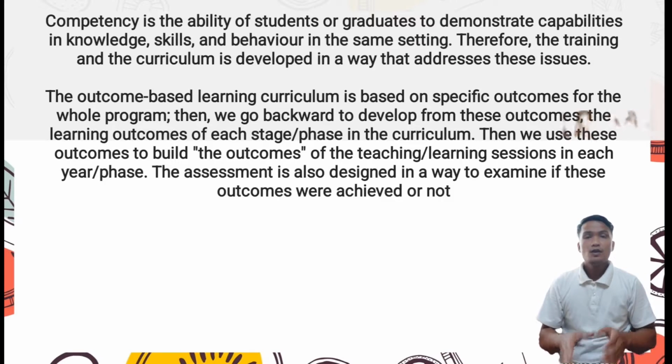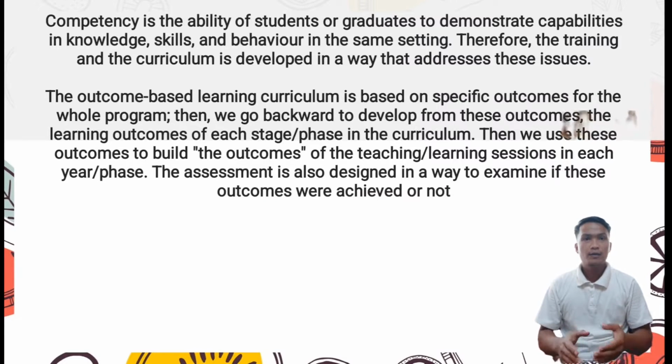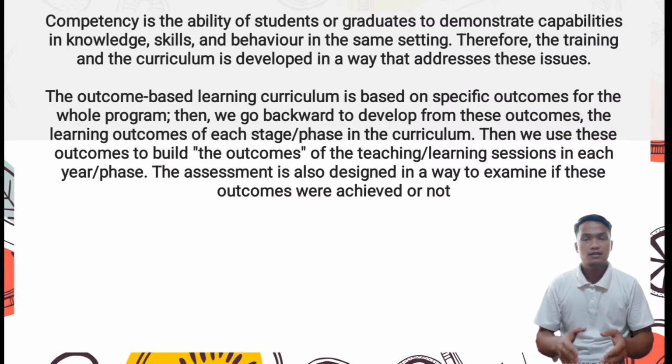So competency in CBE is the ability of students or graduates to demonstrate capabilities in knowledge, skills, and behavior in a STEM setting. Therefore, the training and the curriculum is developed in a way that addresses these issues.